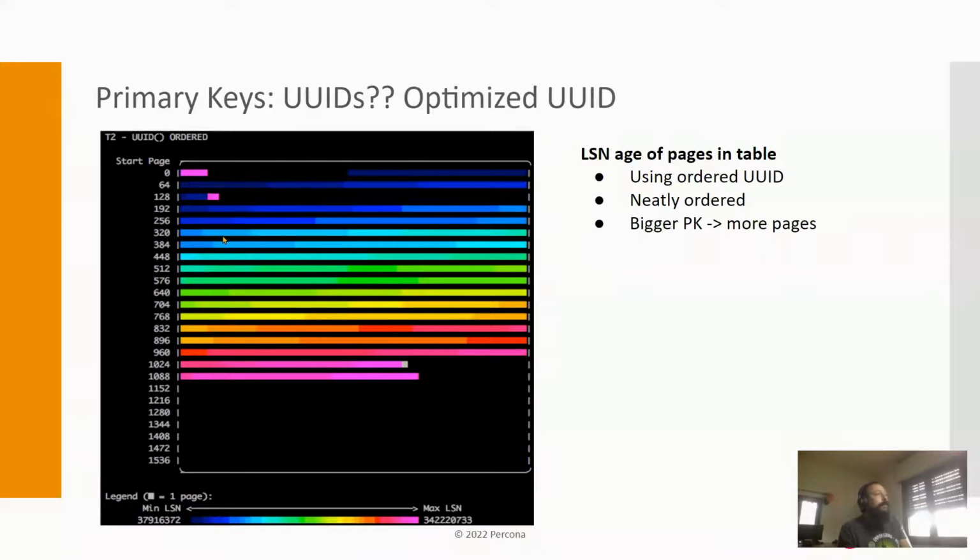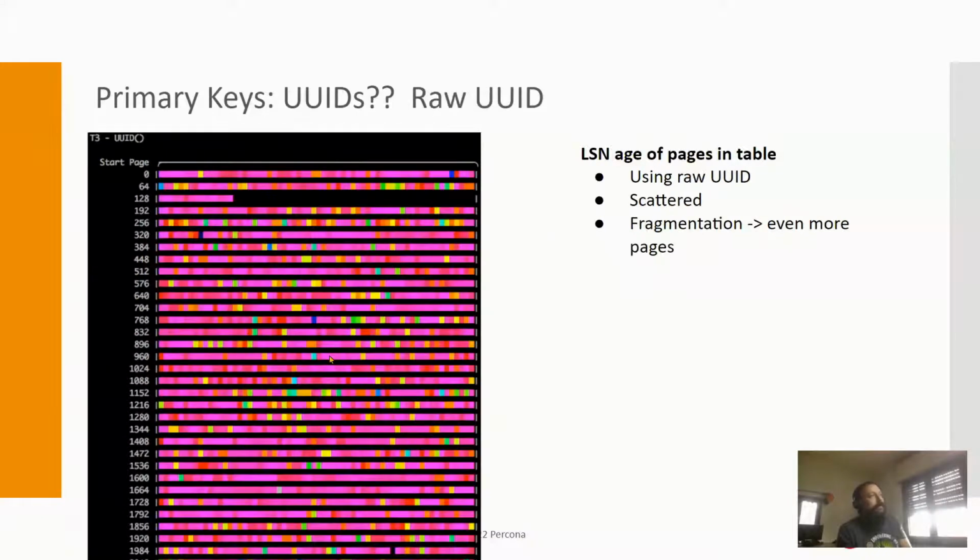This one is taking 1, 2, 3, 4, 5, 6, 7, 8, 9, 10, 12, 14 rows, so let's say 800 pages. This is taking thousands. Again, doesn't even fit in the screen. So it's really one of the most detrimental things you can do for your database, is using a non-ordered UUID.